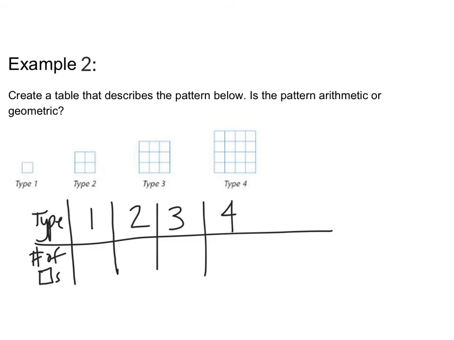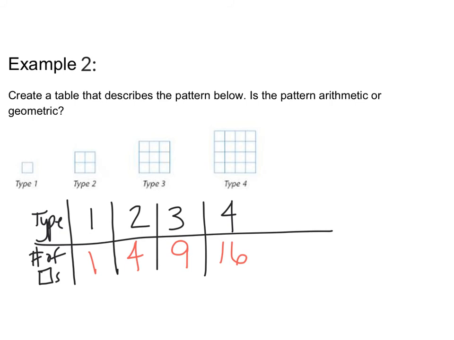How many squares are in type 1? 1. How many squares are in type 2? How many squares are in type 3? 9. What about the last one? 16.